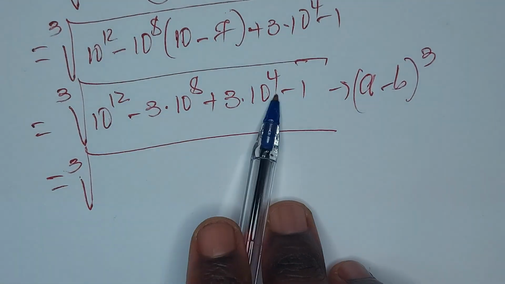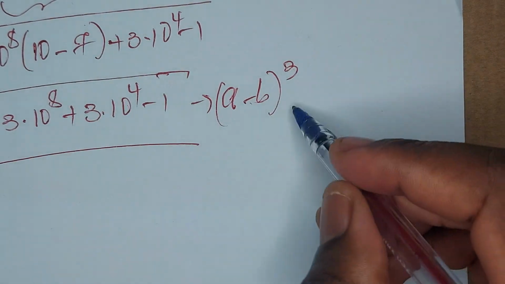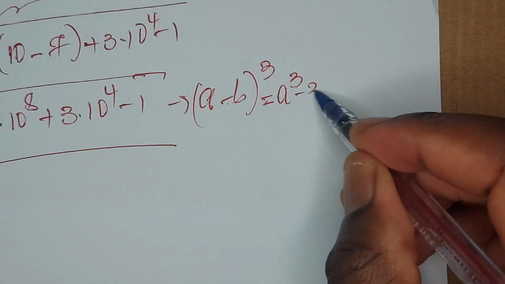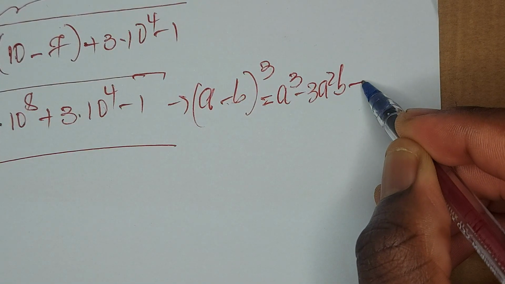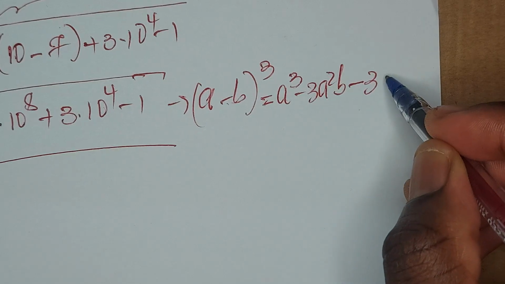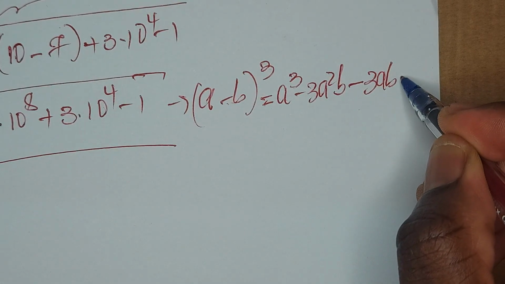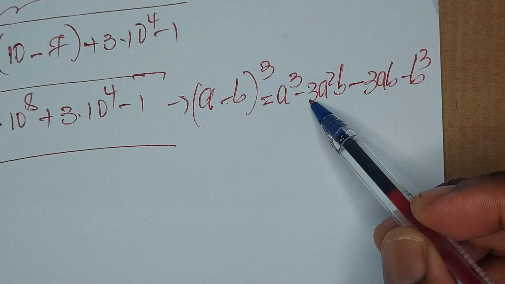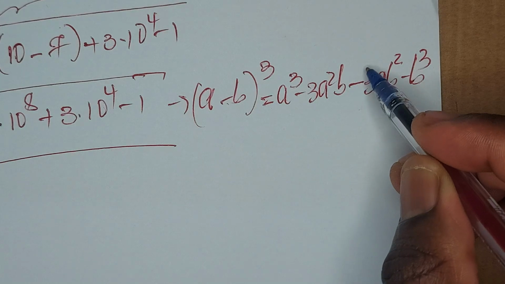And actually it is, because a minus b to the power of 3 is a to the power of 3 minus 3a squared b plus 3ab squared minus b cubed. Actually, b is squared, so this is going to be a positive one.